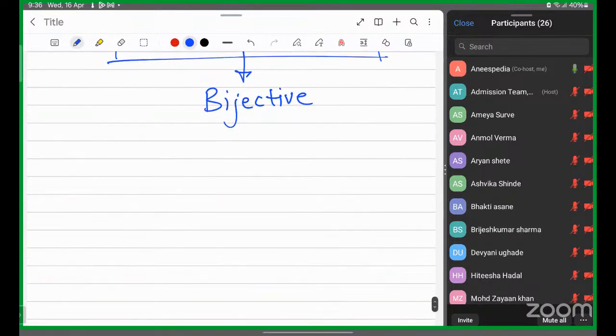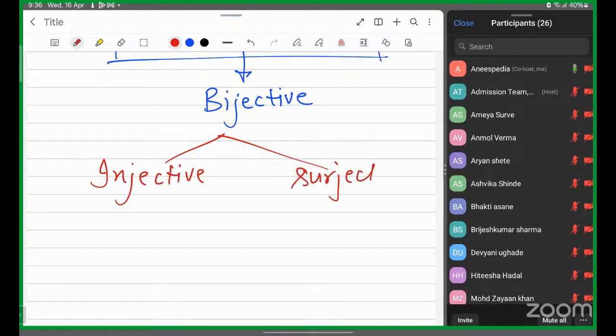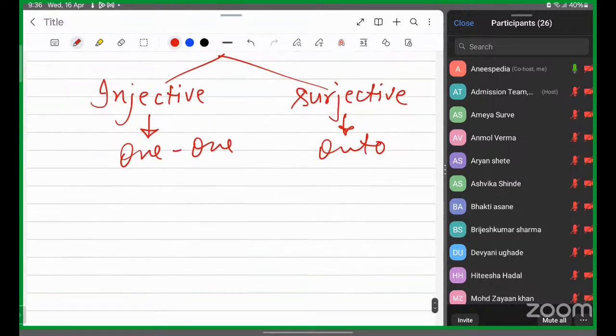So bijective means two-jective. Two-jective means one is injective, another one is surjective, which means the function has to be one-one as well as onto. If we have a function which is one-one as well as onto, this function is known as invertible and its inverse exists, and we can find its inverse.